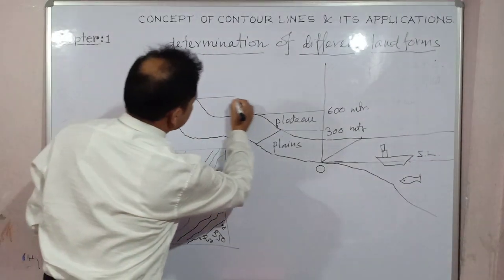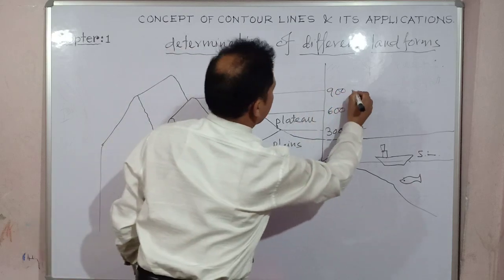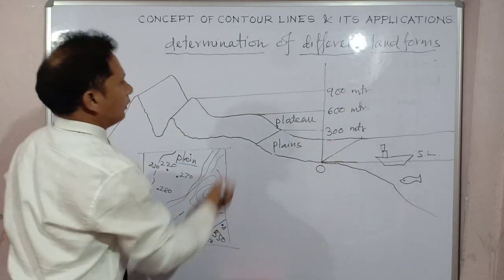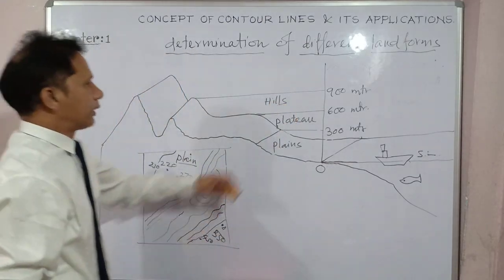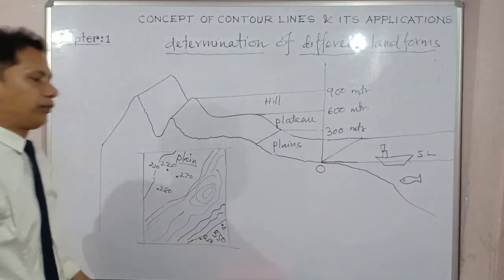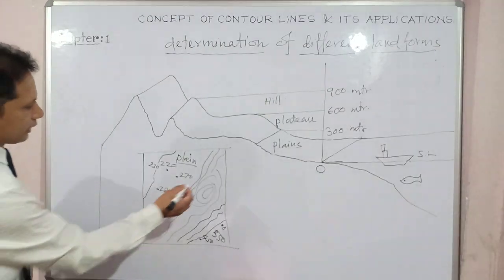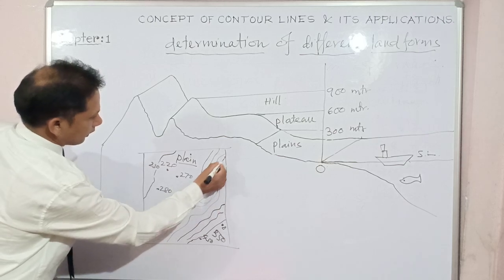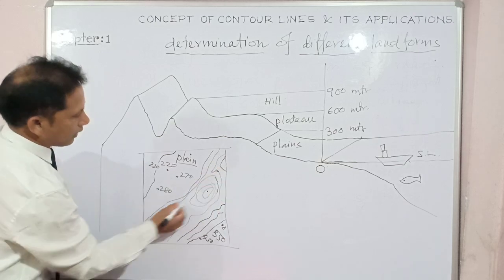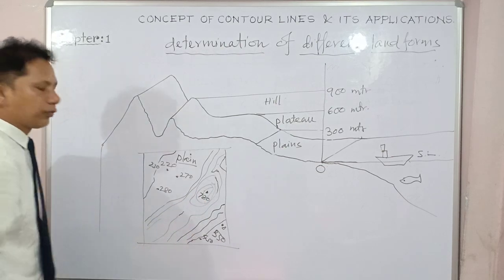So beyond 600, anything beyond 600 and up to 900 meter, this will come under hills. This will come under hill. Got my point? So hill will be like, suppose this is an isolated hill out here. I have drawn a circular contour pattern like this. Okay, isolated hill. Suppose the spot height given out here is 720, whatever it is.